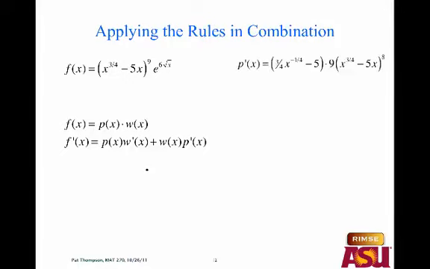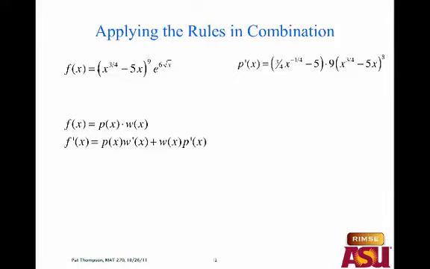So let's do those. So what is going to be the derivative of p, or this one function to the ninth? Well, what's the structure of that? That's something to the ninth, but it will be chain rule because we've got this interior function.